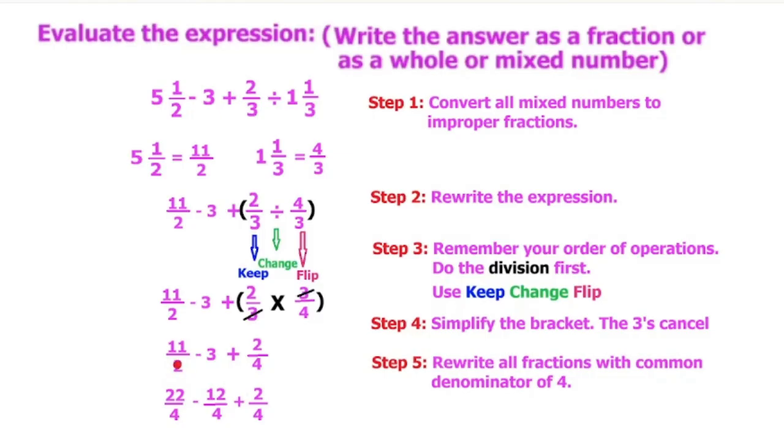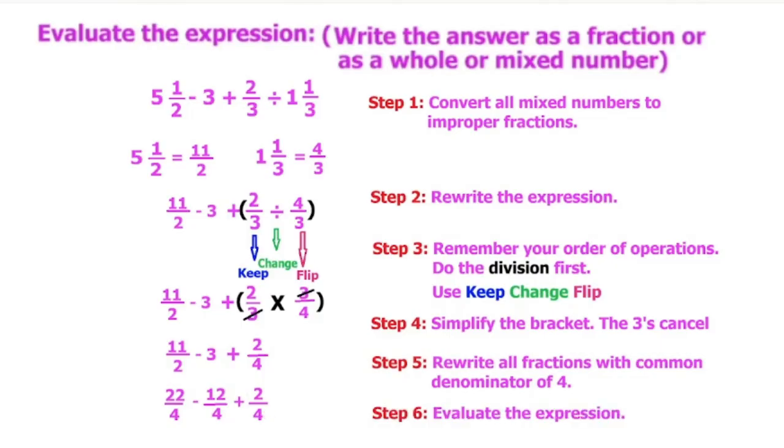Well, you multiply it by 2. So you multiply the top by 2. So 11 becomes 22/4. So 3/1, if you make the denominator 4, that means you multiplied the 1 by 4. So that means you multiply the top by 4. So 3 times 4 is 12. And this one, you don't change because it already has the common denominator of 4.